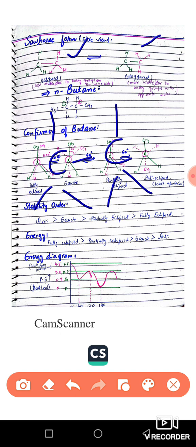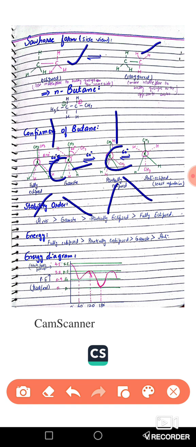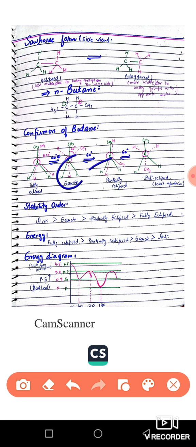So this is the eclipsed form, and the other form which I am now drawing is the staggered form. The first carbon is like this, and the second carbon is like this. Again, the eclipsed form is less stable and has high energy because the bulky groups are on the same side and there is repulsion between them.